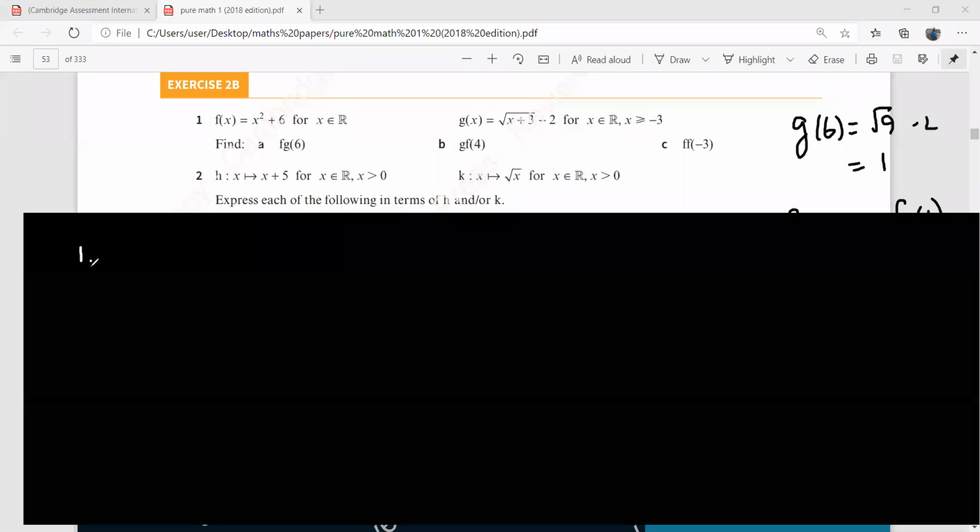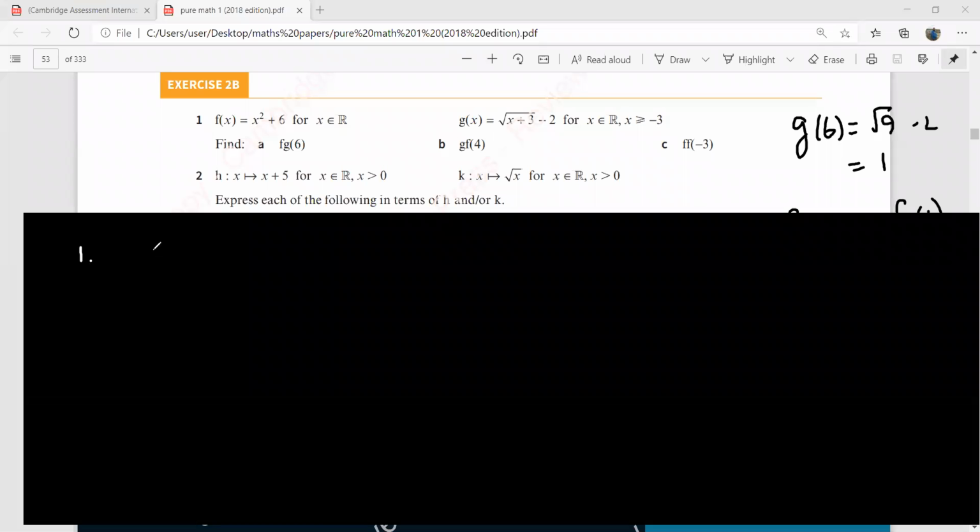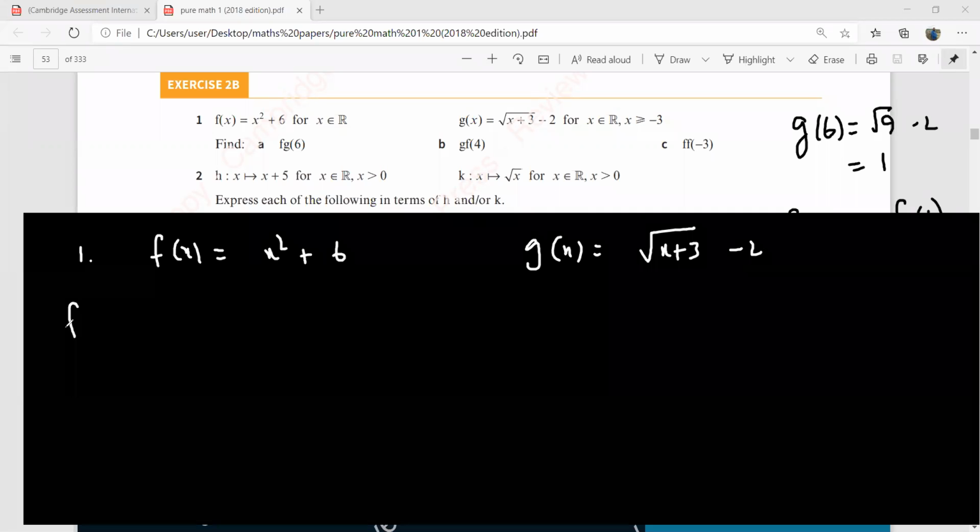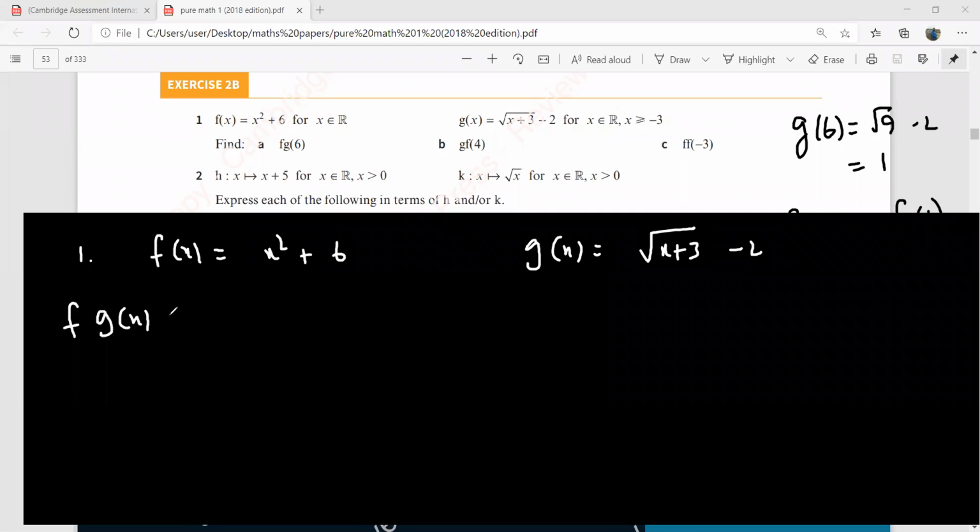Now in this first question, you have f of x, which is x squared plus 6. You have g of x, which is under root x plus 3 minus 2. So I believe you people can write down the expression for fg of x.